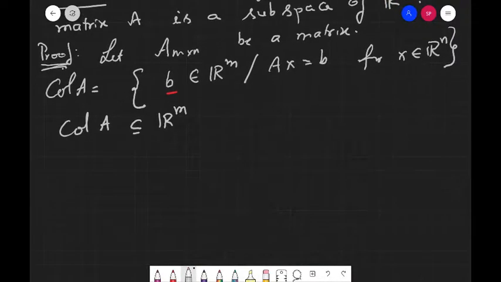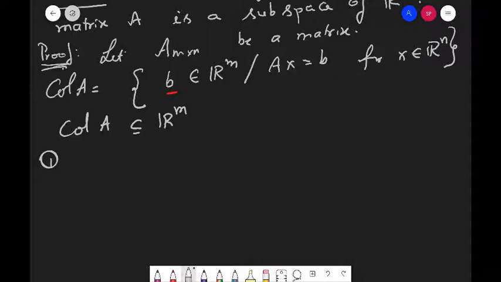So for a subspace, what are the three conditions? We have to prove the 0 vector is in the set, the sum of two vectors is again a vector in the same set, and the product of a vector and a scalar is again in the same set. So first one, the 0 vector in Rm.